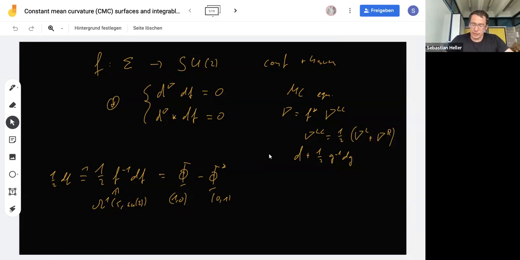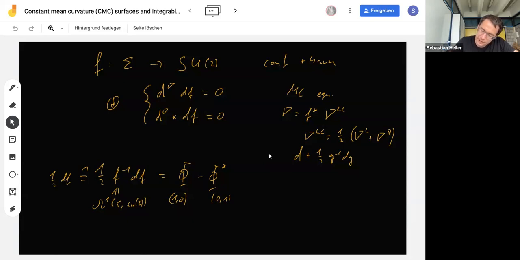So this holds in general for harmonic maps into compact Lie groups with their bi-invariant metric, but in particular it holds for minimal surfaces. And the extra condition that we have a minimal surface means that the map F is conformal.